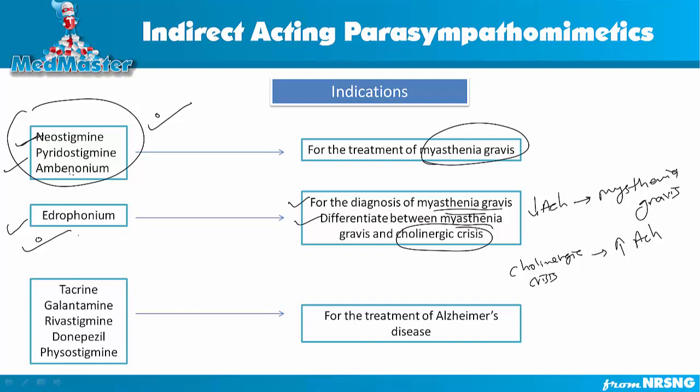The other drugs in this category are tacrine, galantamine, rivastigmine, donepezil, and physostigmine. They're all for Alzheimer's disease, because there's no actual set cause of Alzheimer's disease.